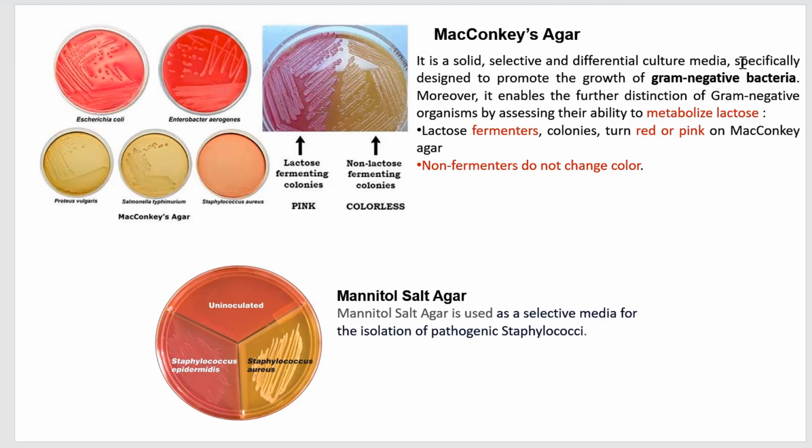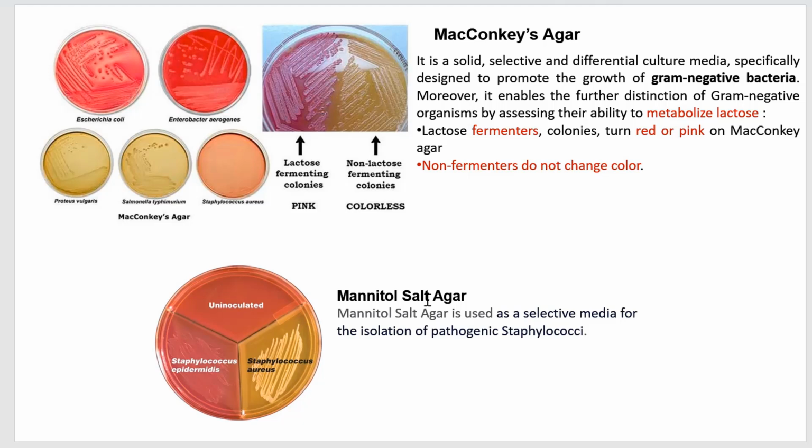This is also used to grow gram-negative bacteria, but it appears like this, and there is no green metallic sheen in MacConkey agar. The lactose fermenters turn red or pink in MacConkey agar, and non-fermenters do not change the color. So the non-lactose fermenting ones will appear colorless, and lactose fermenting will appear pink or red.